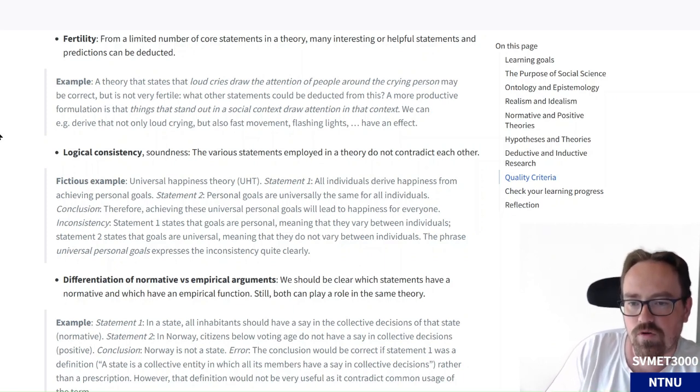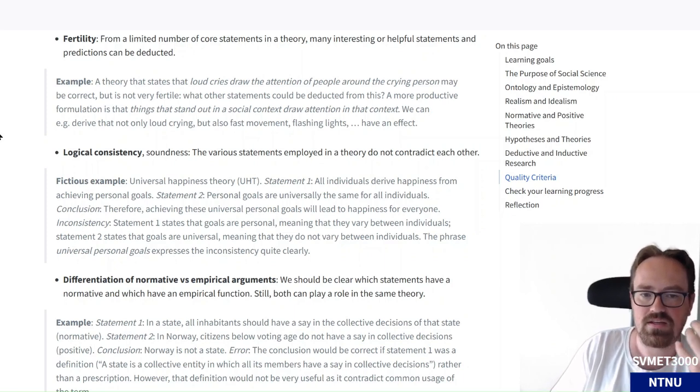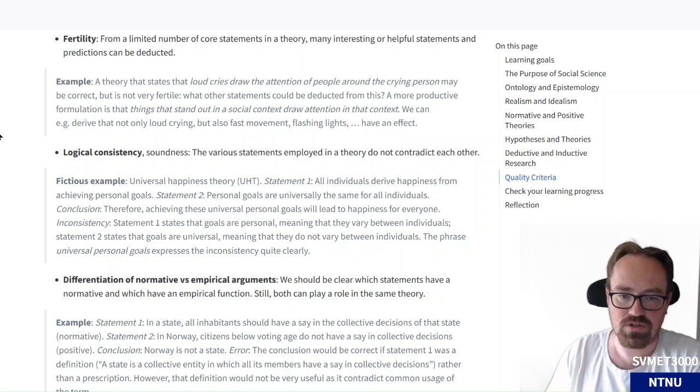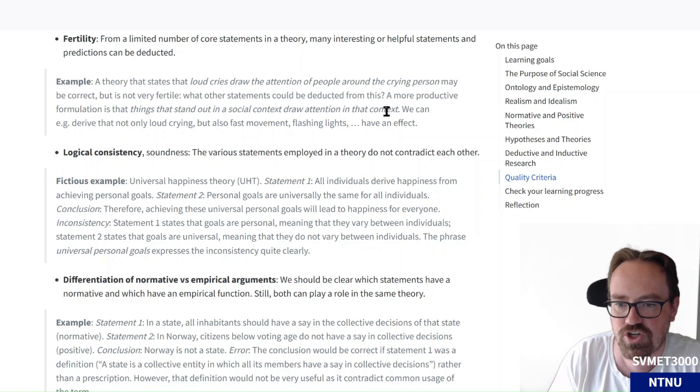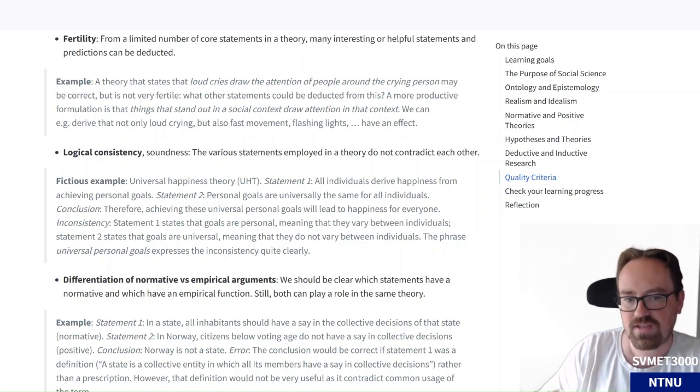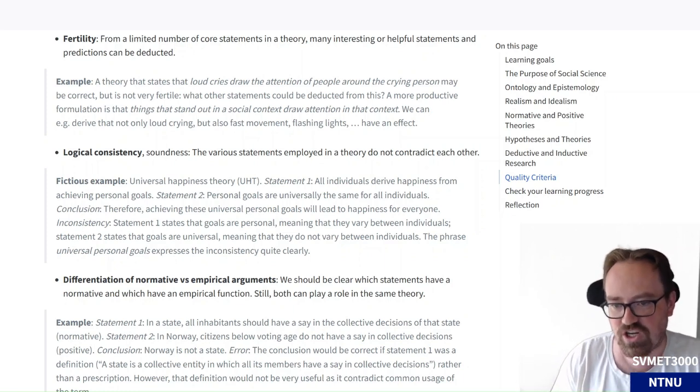However, you could formulate a similar observation in a more productive way: things that stand out in a social context draw attention in that context. We can derive the loud cries draw attention statement directly from this more general formulation, but we can apply it to other things that stand out as well, like fast movement or flashing lights, that have the same attention drawing effect.